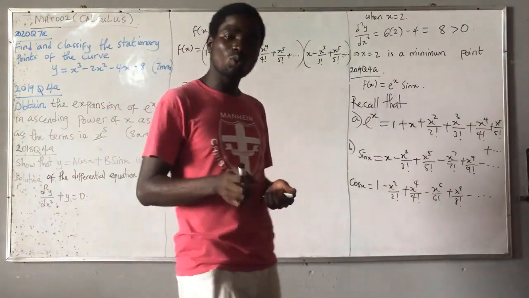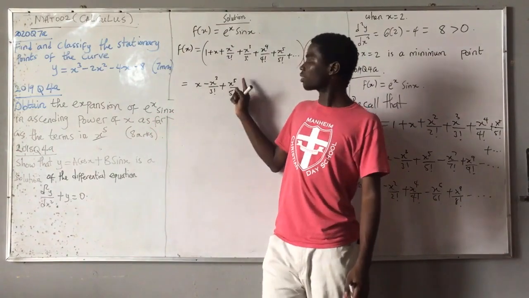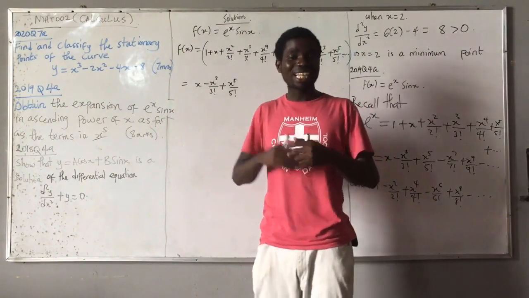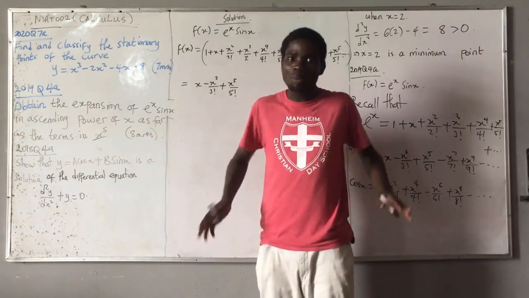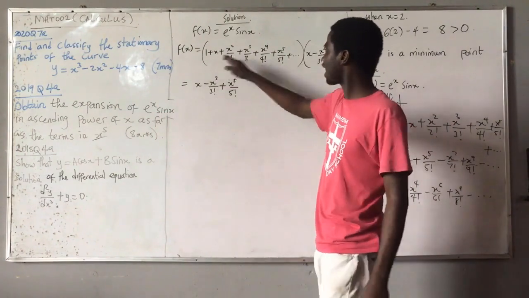And so that you don't waste your time, listen, once you have a power that is greater than 5, don't write it, don't expand, stop expanding from there. Do you understand? Now come to the next one.